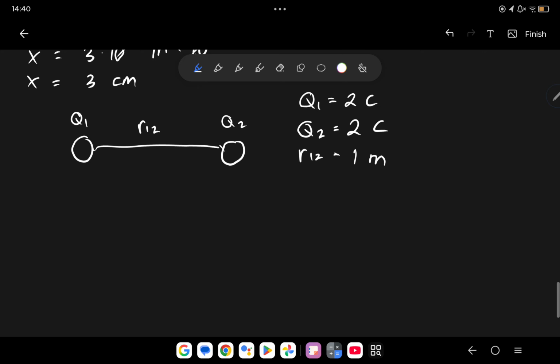We placed another charge. Let's call it Q3. We placed it somewhere along this x-axis line. It could be here, it could be here, it could be here, but it's on the same x-axis. We don't know anything else, but one thing we do know is that this new charge that we placed is in equilibrium.